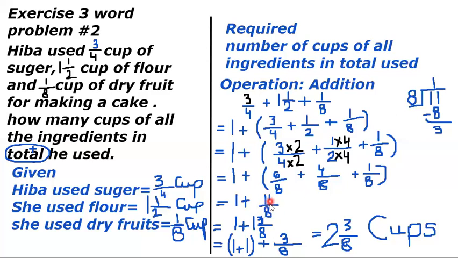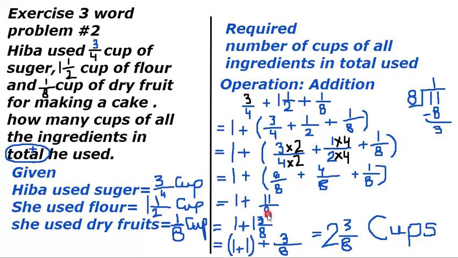Now we have to change it into a whole number fraction. It's an improper fraction, so we will divide it. 11 will go inside, 8 will go outside. 8 times 1 is 8. 11 minus 8 gives us 3. The remainder is 3.